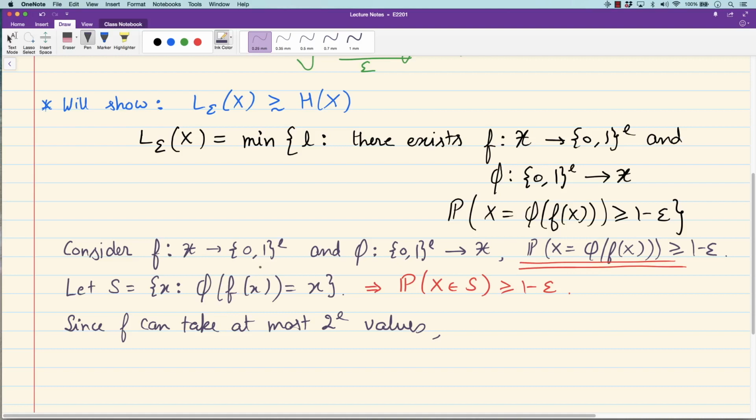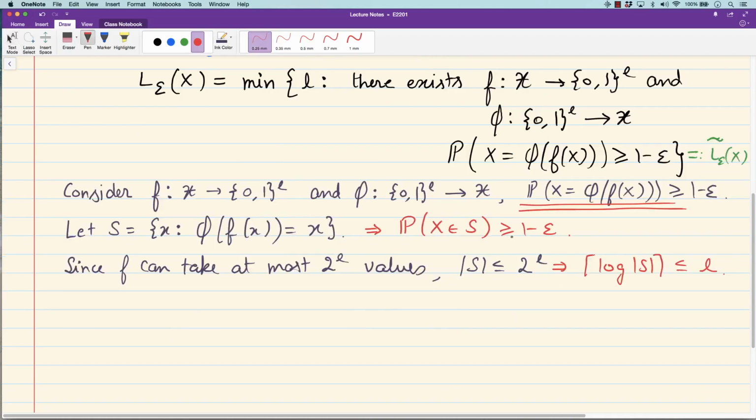So there can be at most 2 to the power L different values of x in S. This implies the second property we want: log of cardinality of S is at most L. All right, so you were able to find an S which has probability greater than 1 minus epsilon and has cardinality at most 2 to the power L. So for any mapping f here, you can find a set S with large probability and small cardinality. And therefore for the minimum also you can find one such S.